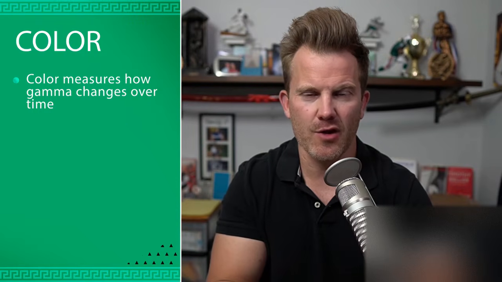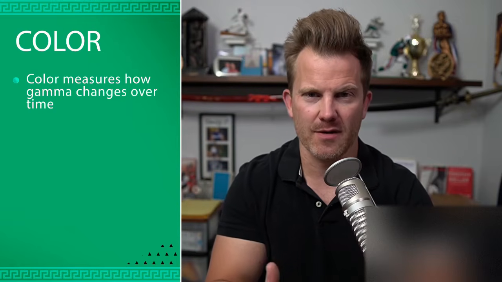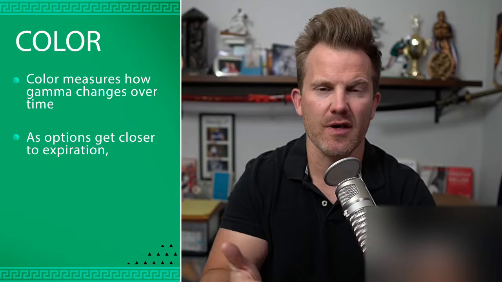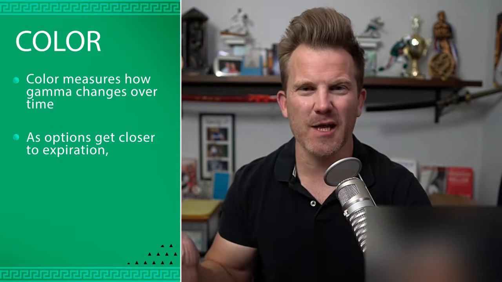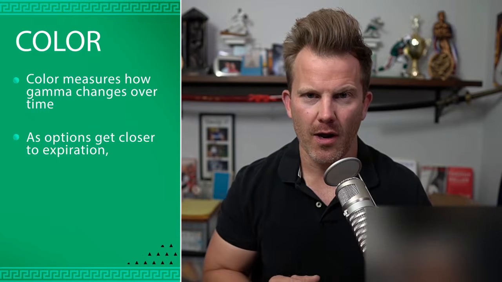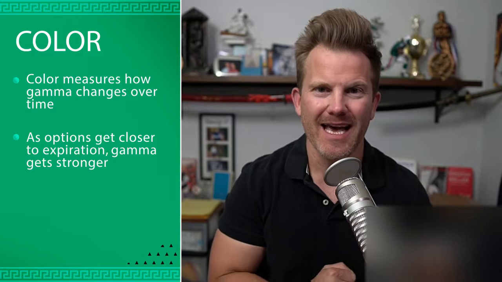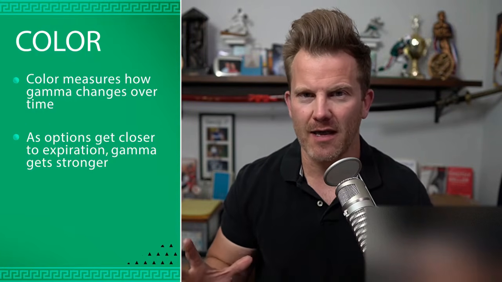The mathematical nature of this Greek shows us the following. As options get closer and closer to expiration, as options march closer and closer to that third Friday in expiration month, here is what we know. Gammas get more potent. Gammas get stronger. It doesn't matter if they're positive. It doesn't matter if they're negative.